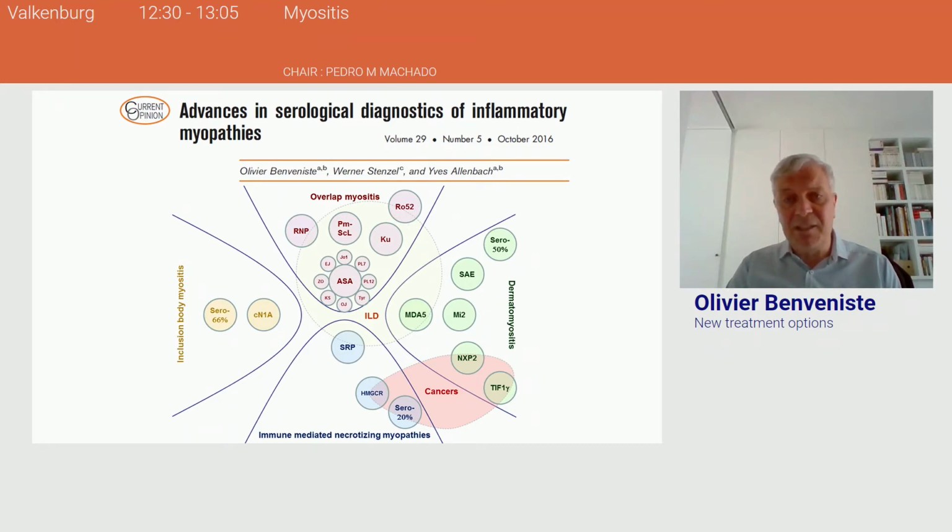Then you have the group of dermatomyositis with all these specific autoantibodies. The group of immune-mediated necrotizing myopathies has two hallmarks, which are the presence of anti-SRP or anti-HMGCR autoantibodies, and then the group of inclusion body myositis.